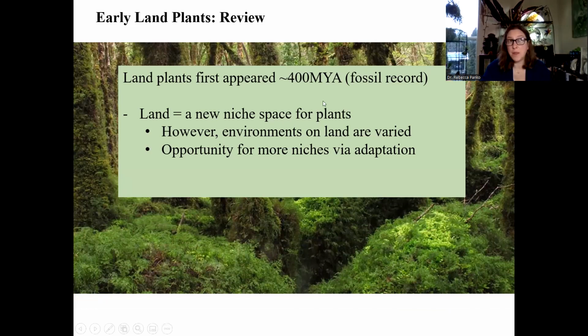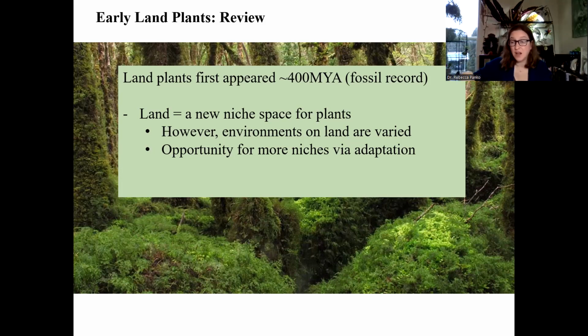And this presents plants with a whole new opportunity because, like I said, land is way different than water. But in addition to that, the land is not homogeneous, right? The land is varied in itself. You have deserts, you have mountains, you have places where there's ice on the ground, places where it's hot all the time, right?